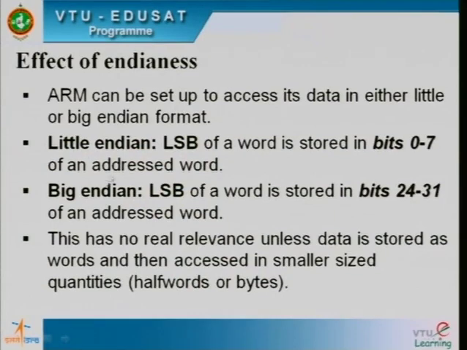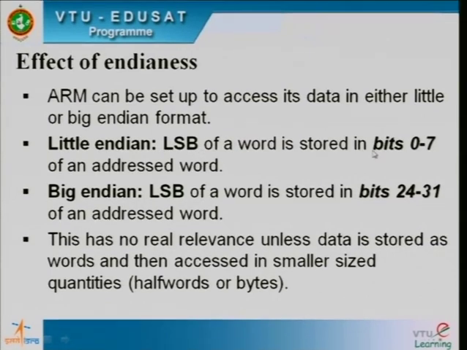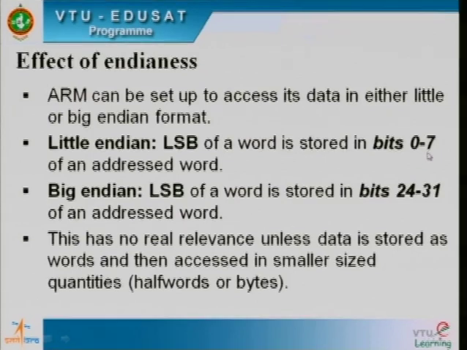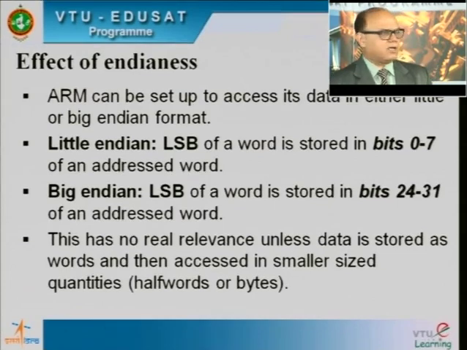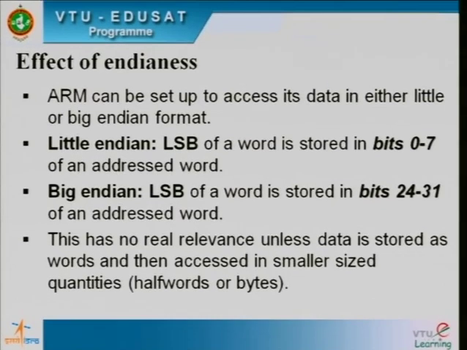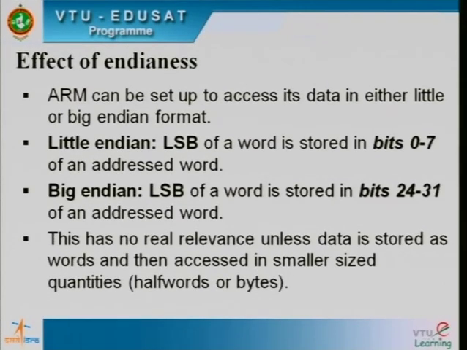But before that, let me make the clear difference between Little Endian and Big Endian. As indicated here, in Little Endian the least significant byte of a word is stored in bits 0 to 7. That means the LSB, the least significant byte of the data, sits here.